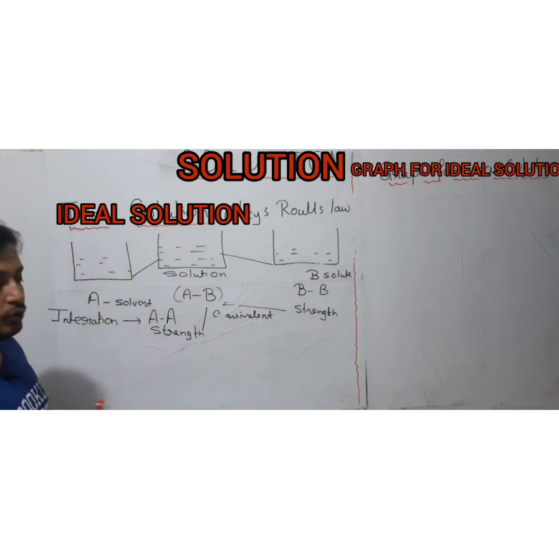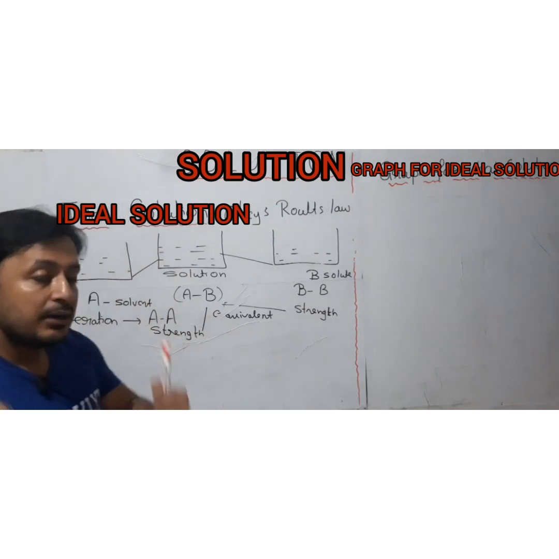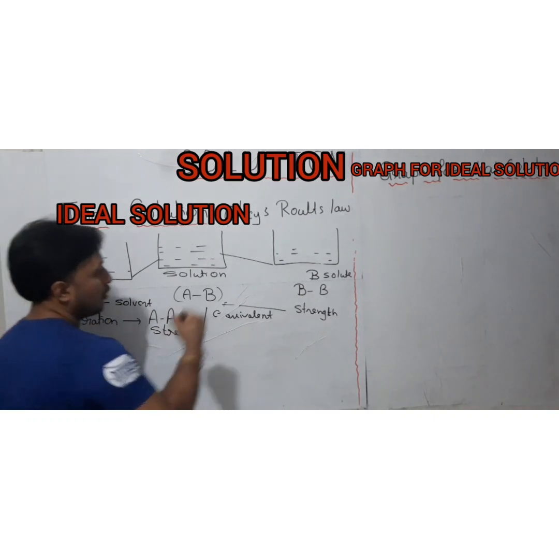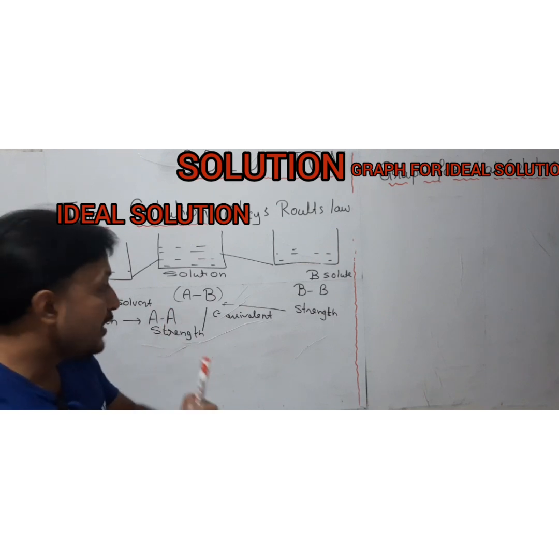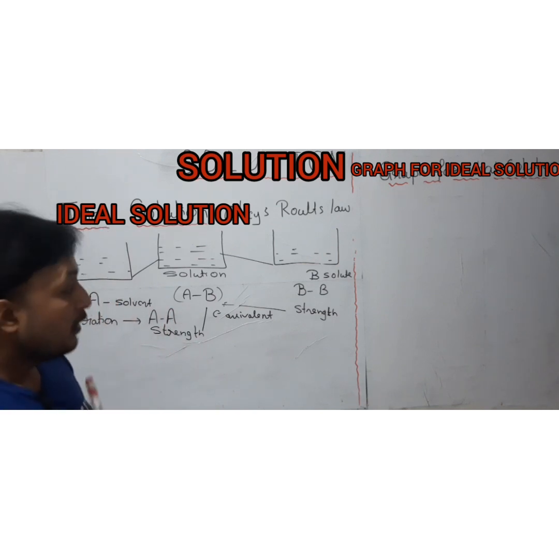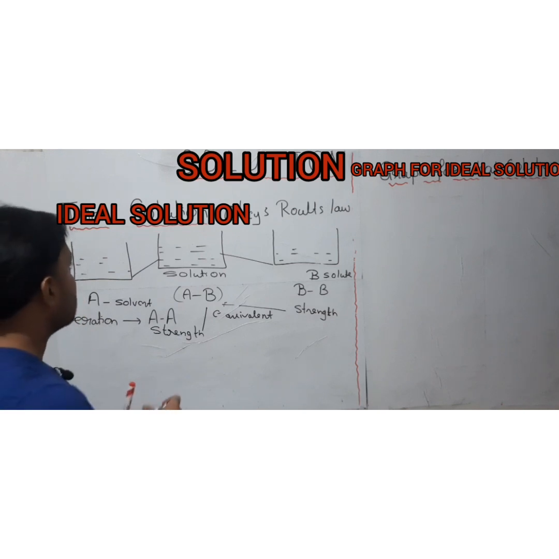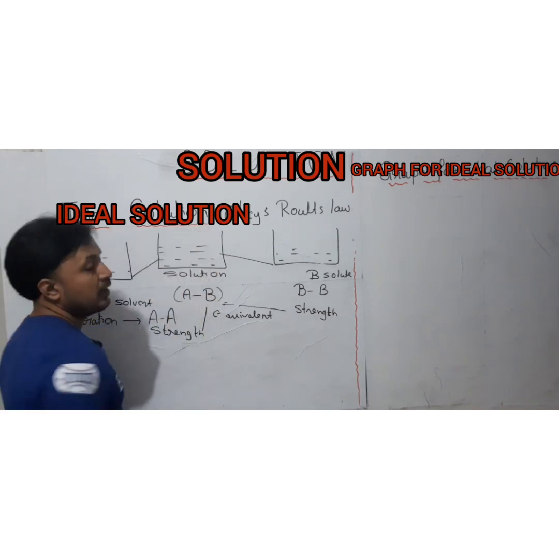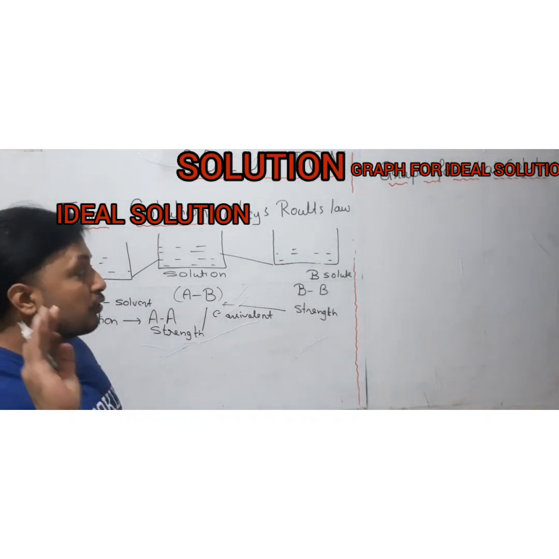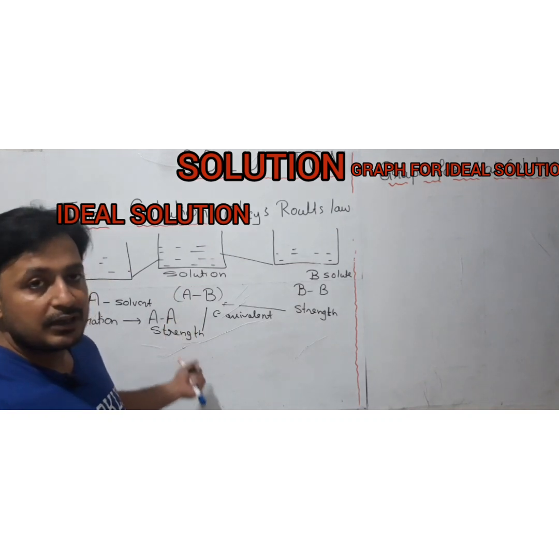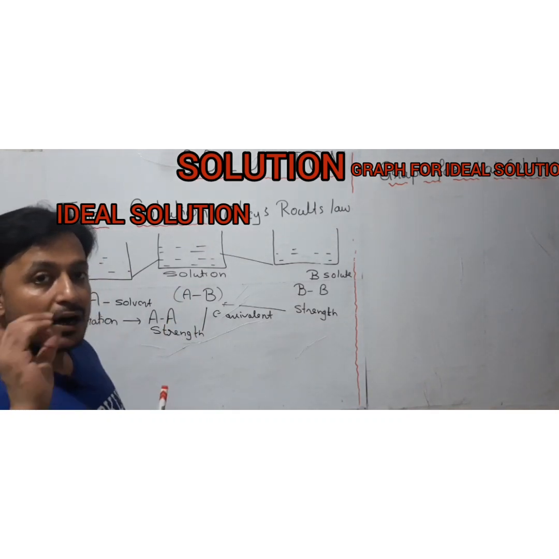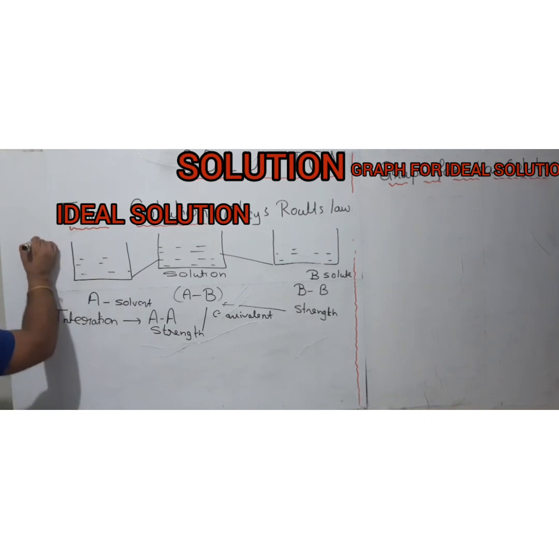It means the new solution prepared will have the same strength of interaction which A or B have in their pure state. If that is the same, then such a solution is said to be an ideal solution. So that is our first point, what an ideal solution is.